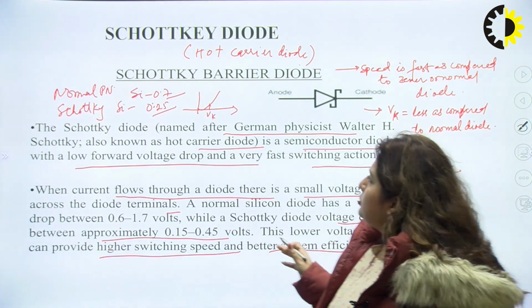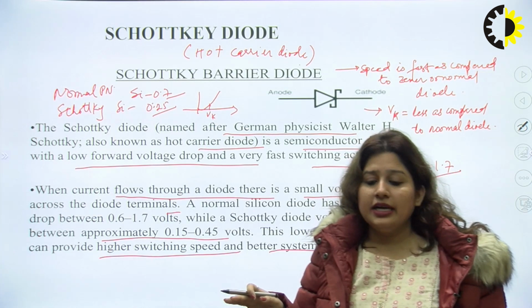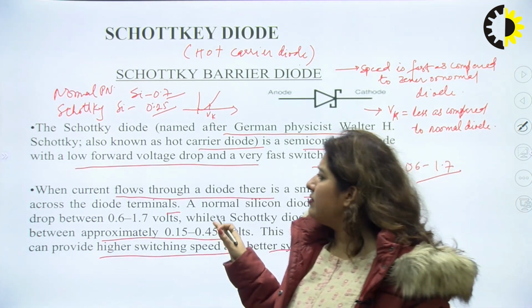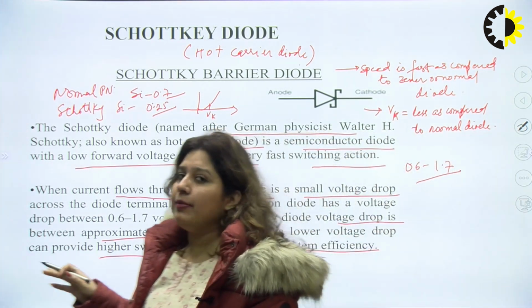This type of Schottky barrier diode and the Zener diode are special types of diodes, and we can use them in multiple applications.